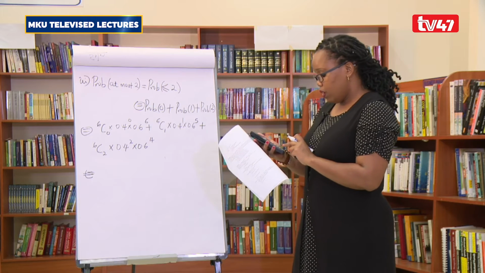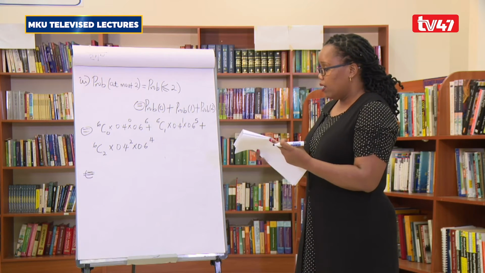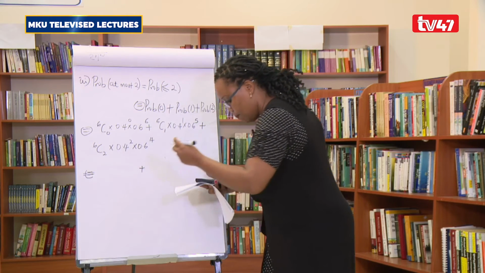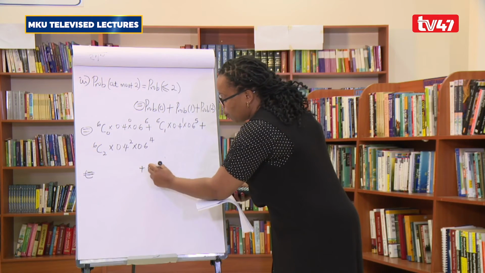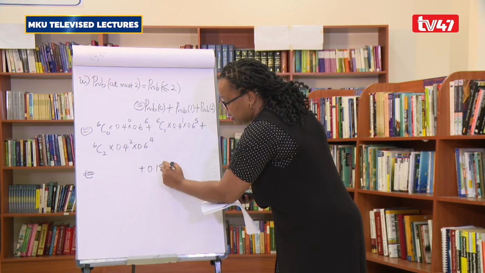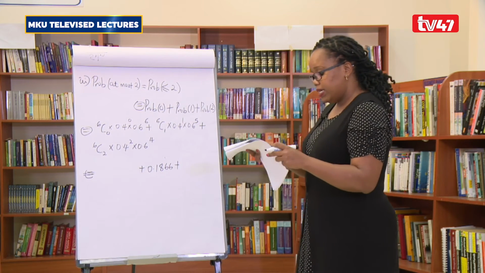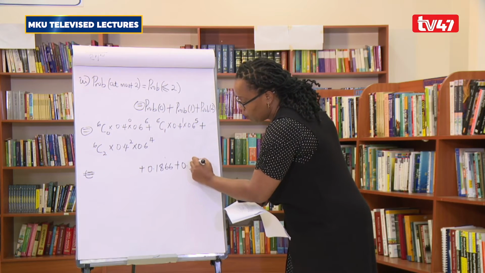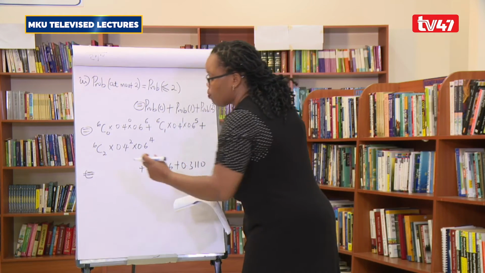I can pick out the values of the others. For the probability of 1, we got 0.1866. For the probability of 2, we got 0.3110.